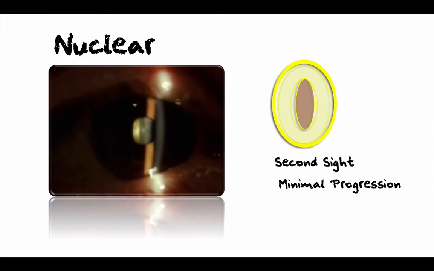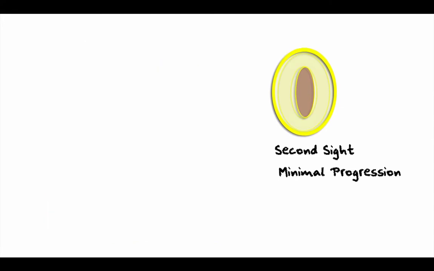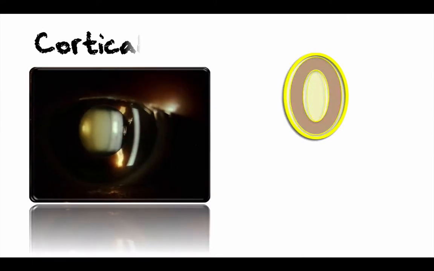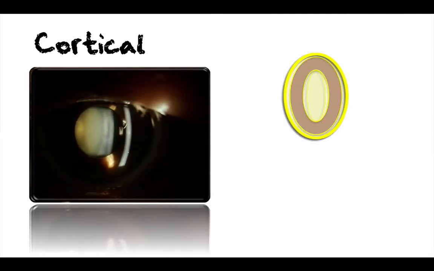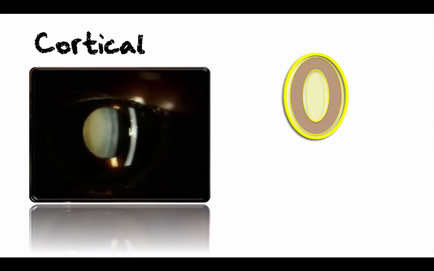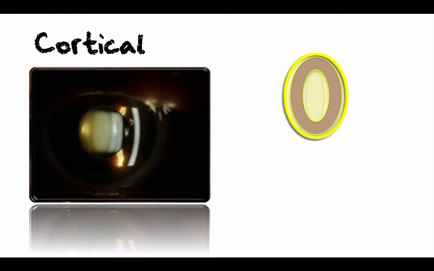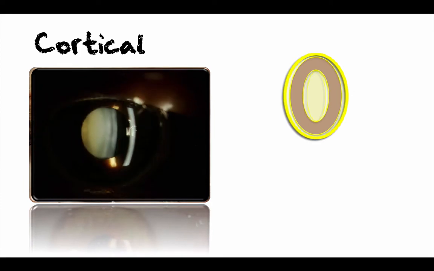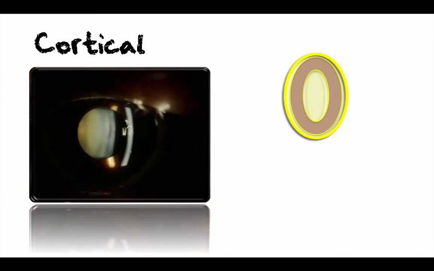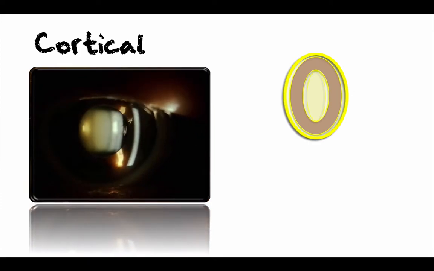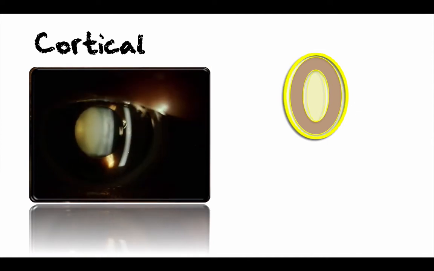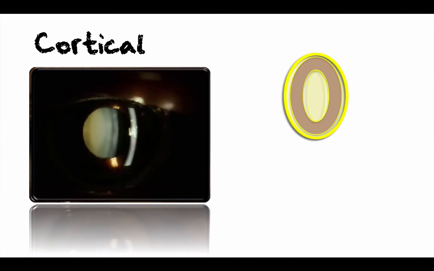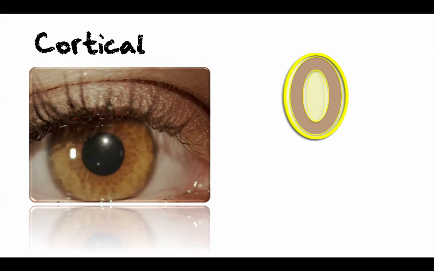Cortical cataracts, as the name suggests, occur in the cortex of the lens. The cortex surrounds the nucleus, so the opacities are visible in the periphery of the lens. The wedge-shaped opacities can be located in the anterior, posterior, or equatorial cortex. They're often more difficult to visualize during slit lamp examinations because of the pupillary constriction with direct light.